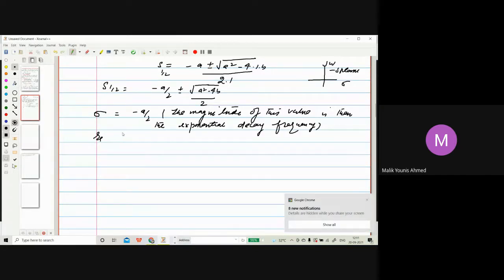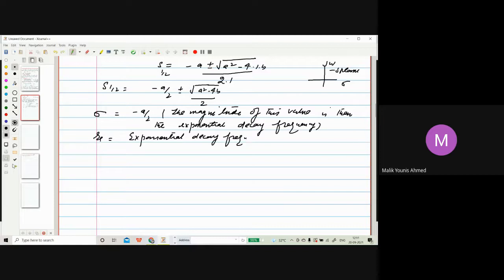So xi, which we defined earlier, is the exponential decay frequency divided by the natural frequency, in radians per second.